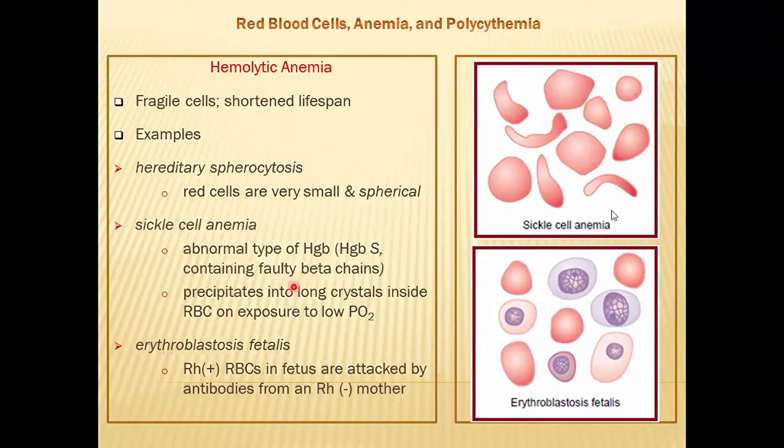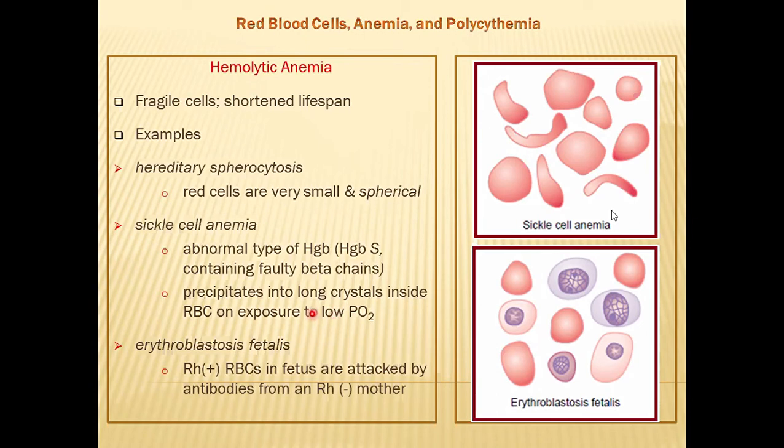So what happens is, instead of being a rounded biconcave disc, it precipitates into long crystals inside the RBC, when the individual with sickle cell is exposed to low oxygen pressure.